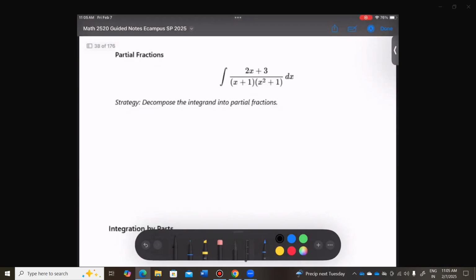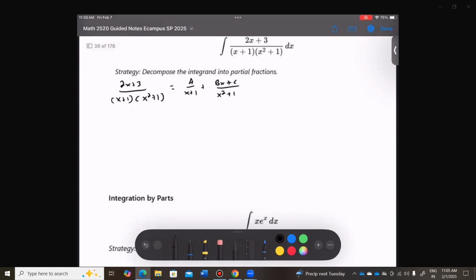This next one will be partial fractions. We have a linear term and a quadratic term in the denominator. So we'll set this up as (2x plus 3) over (x plus 1)(x squared plus 1), and that's going to equal a over x plus 1 plus bx plus c over x squared plus 1.